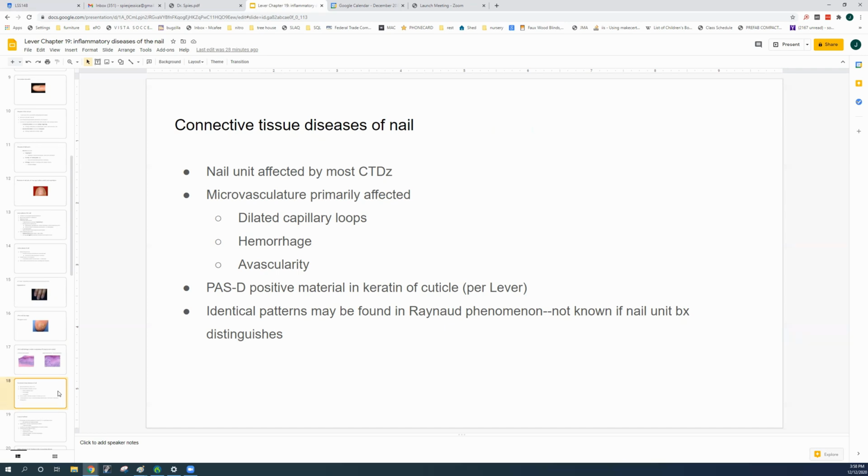I will tell you that we almost never see biopsies of connective tissue disease in the nail, and so I can't verify that for you. But they do talk about that. I doubt that's going to be a boards question. And you can see this identical feature in Raynaud phenomenon, and it's not really known if nail unit biopsy distinguishes between Raynaud's and connective tissue disease.